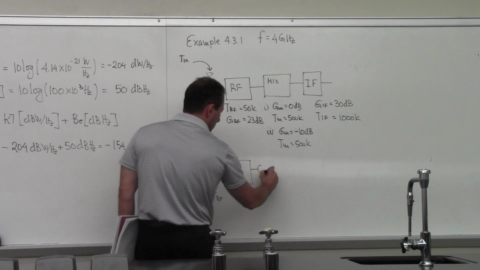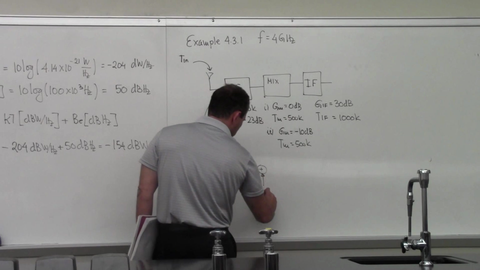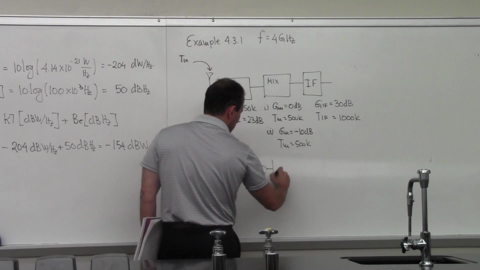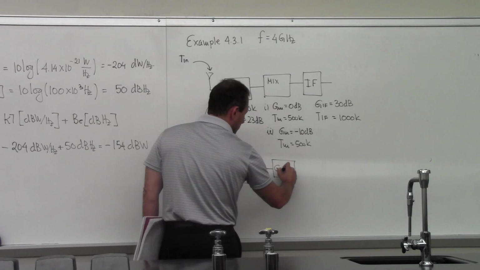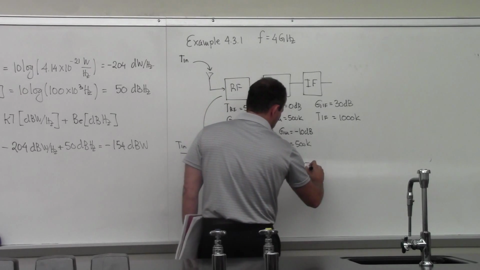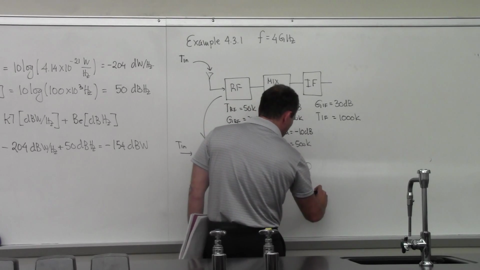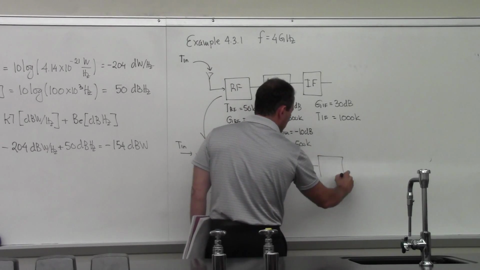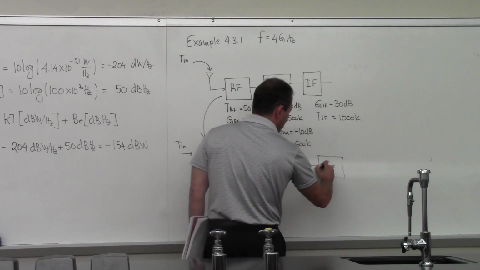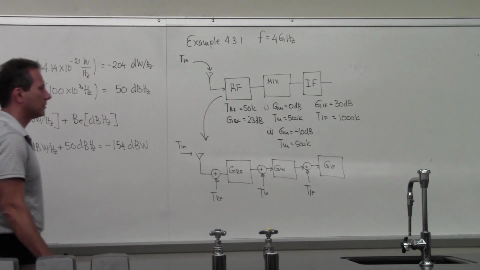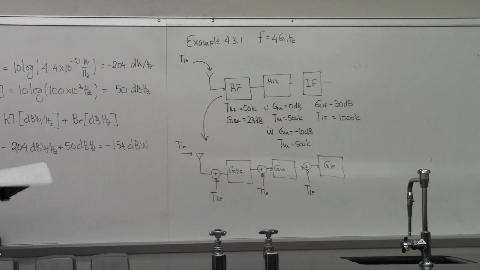Then you have the noise temperature of your mixing stage, and then the gain of the mixing stage. And then you have the noise temperature of your IF amplifier and the gain of the IF amplifier, right? So that's the figure. That's the first step. You always draw this figure to know exactly what you need to be doing. It's one of those things that helps you avoid mistakes. Just carefully proceed through the steps.